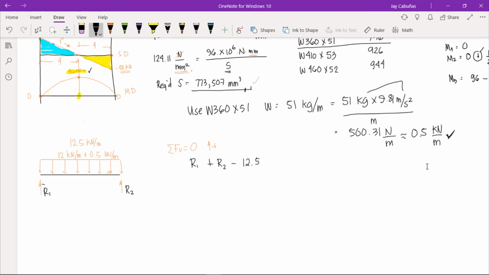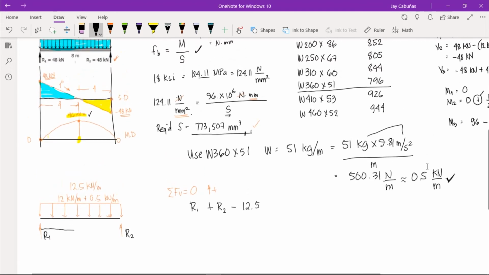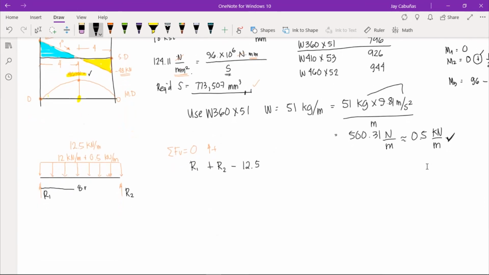Now we have the length of this beam, which is equal to 8 meters. Correct? So we have 12.5 times 8 equal to 0.